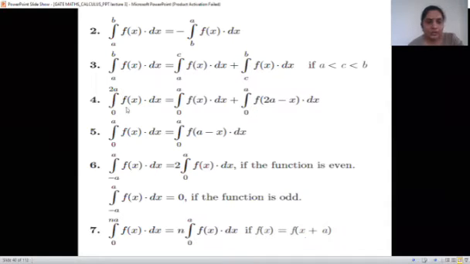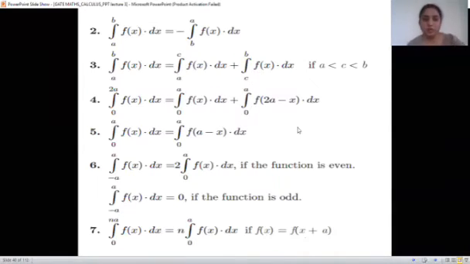And for 0 to 2a, we can write integration 0 to a f of x dx plus a to 2a f of x dx. We can also write it as, and remember this is an important formula, integration 0 to 2a f of x dx is integration 0 to a f of x dx plus integration 0 to a of f of 2a minus x dx.